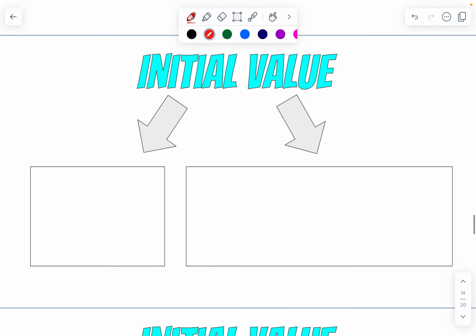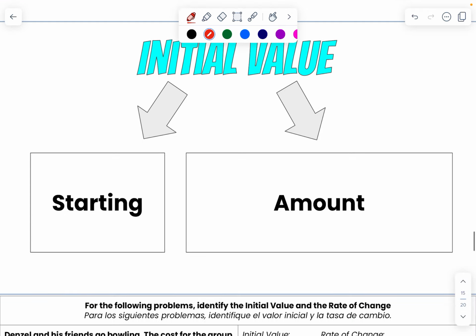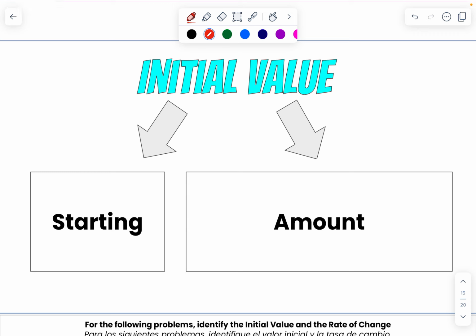That's what mathematicians like to call the initial value, okay? Initial meaning the starting, value meaning amount. So, for example, for Bluey, the initial value is when she woke up and what her temperature was.